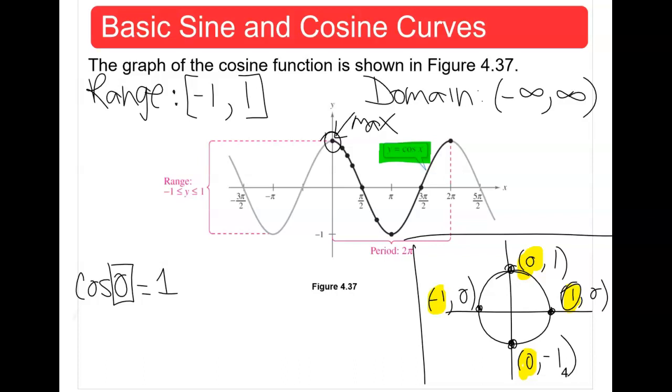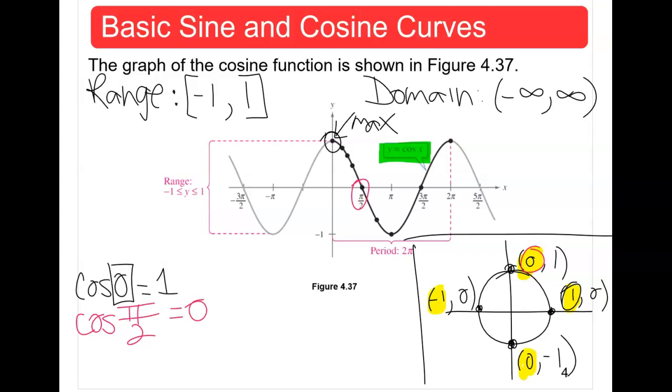Then let's move on to the cosine of pi over 2. If I look at the coordinate that I have highlighted, that is equal to 0. So if the input is pi over 2 radians, the output is going to be 0. So that's going to become an x-intercept.